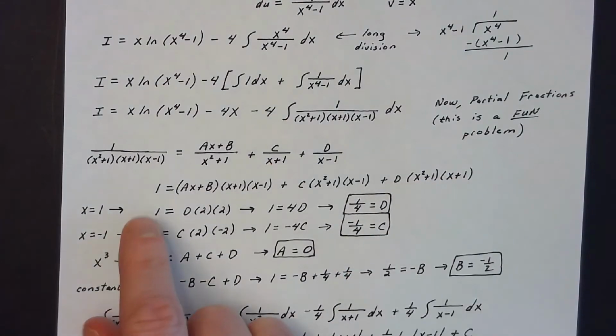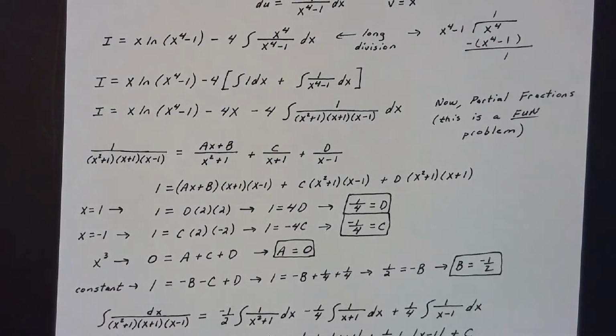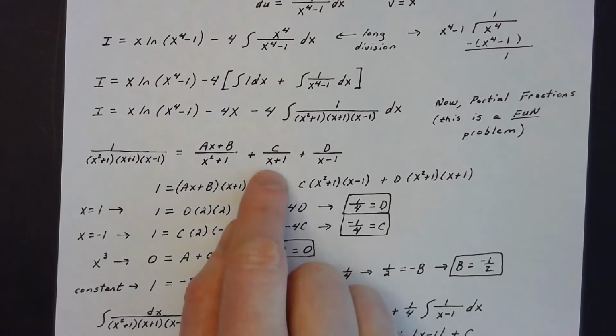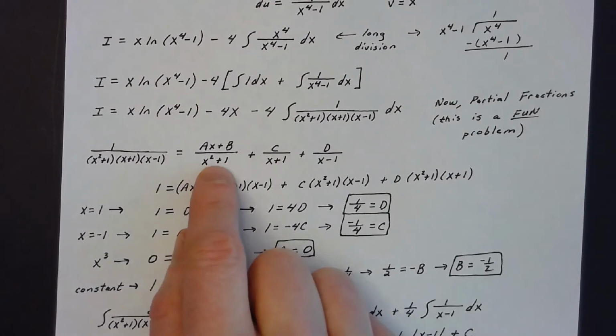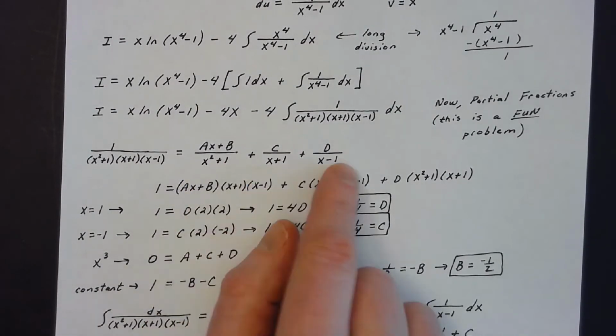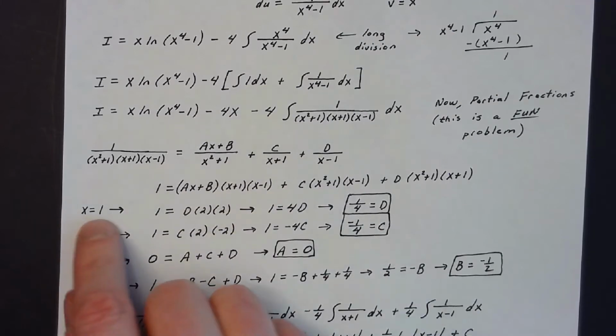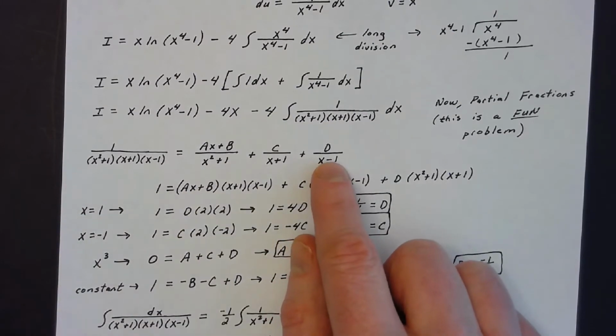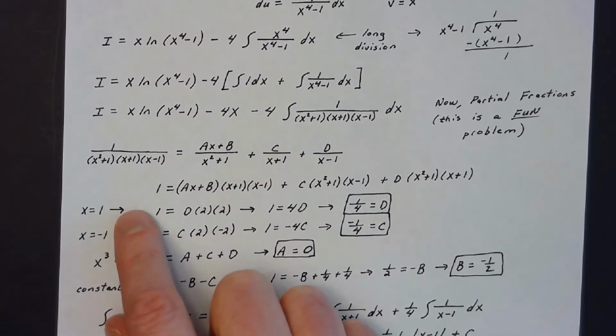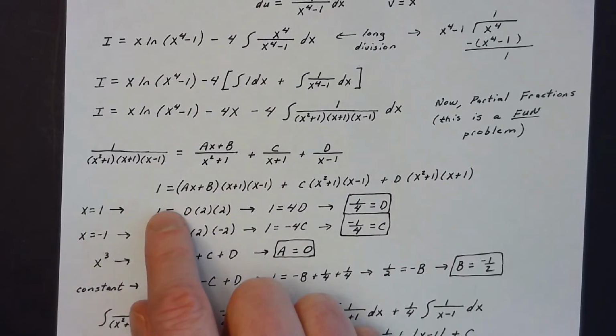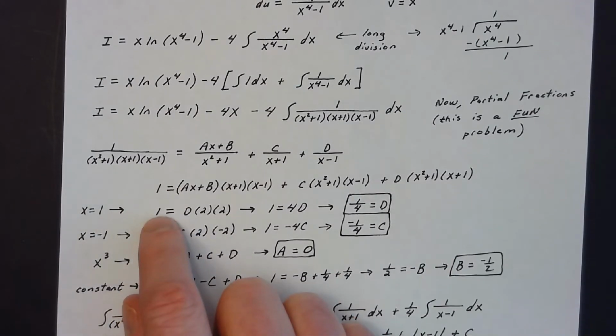So now, in order to solve for a variable, you look at your denominators. If you can force any of the denominators to be 0, you'll be able to solve for a variable. This one can't be 0. This one can, though, and so can this one. You'll see the first thing I did is I had that last one equal 0 by letting x equal 1. If x equals 1, your left-hand side is still 1. It doesn't have an x term.